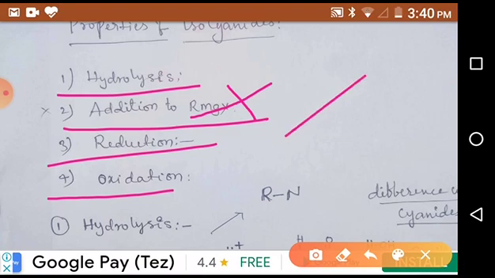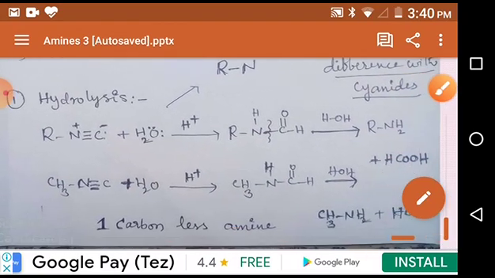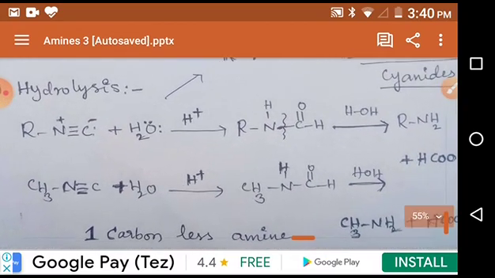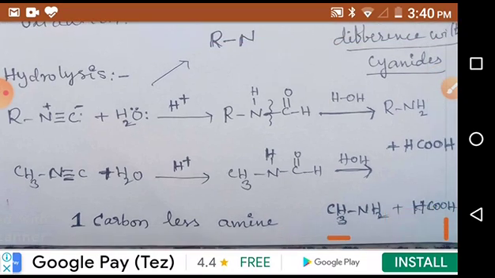First one is hydrolysis. What is hydrolysis? We already know that addition of water to a system is called hydrolysis. Generally this reaction takes place in either acidic or basic conditions.